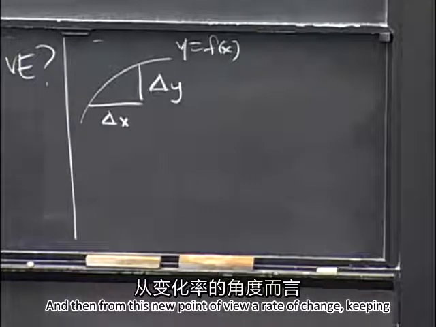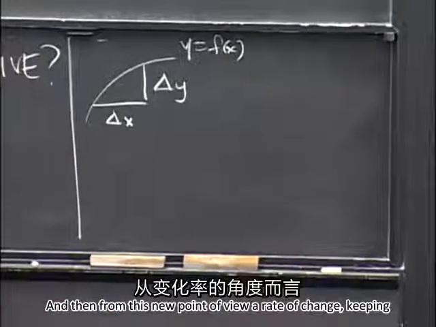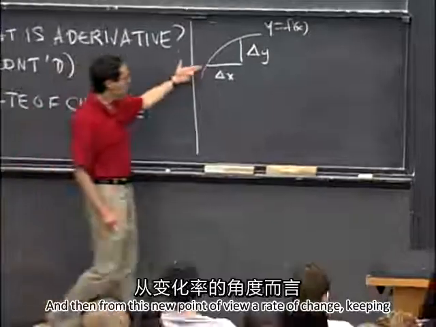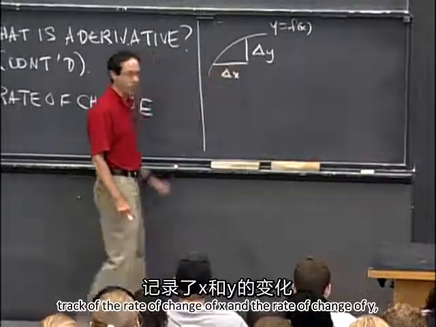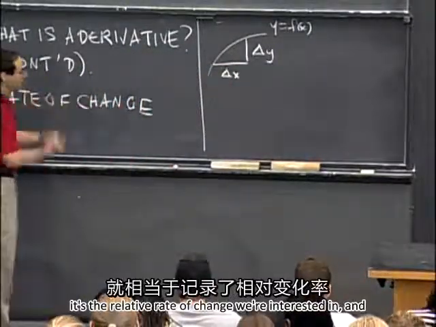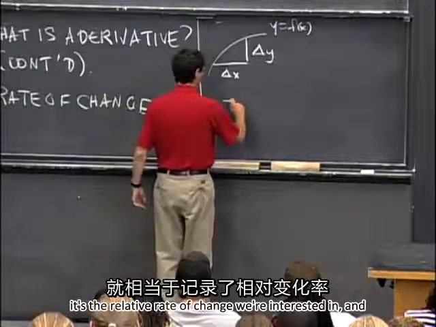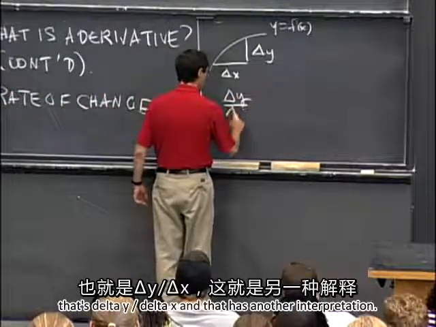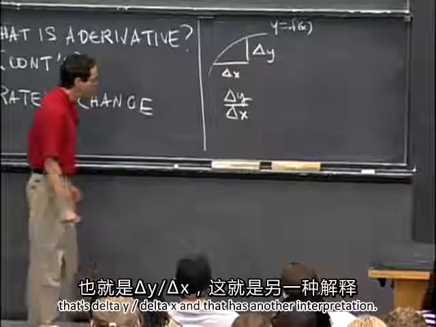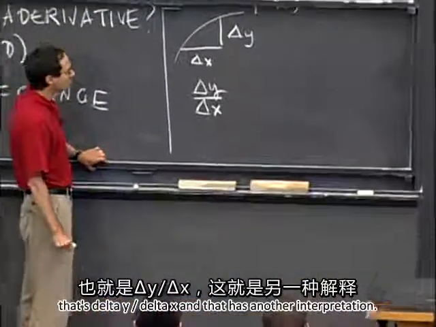And then, from this new point of view, a rate of change, it's the relative rate of change we're interested in, and that's delta y over delta x. And that has another interpretation.